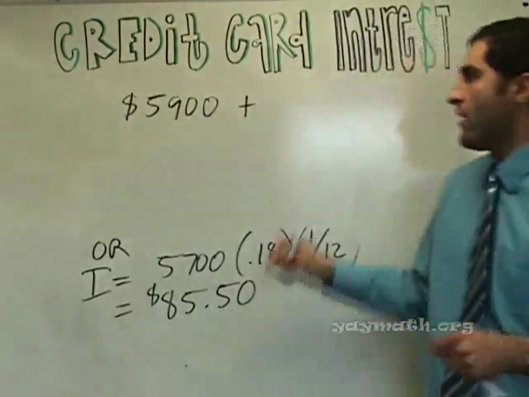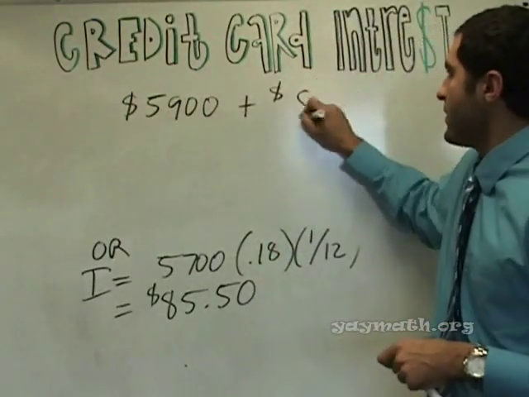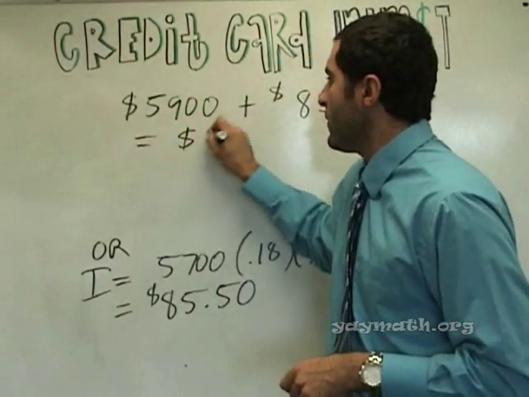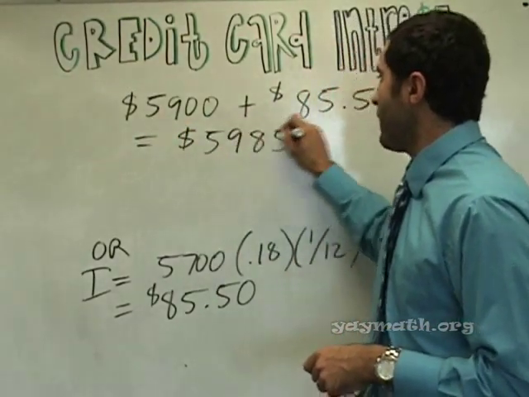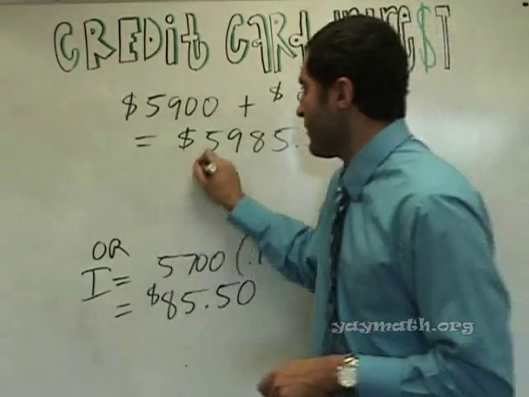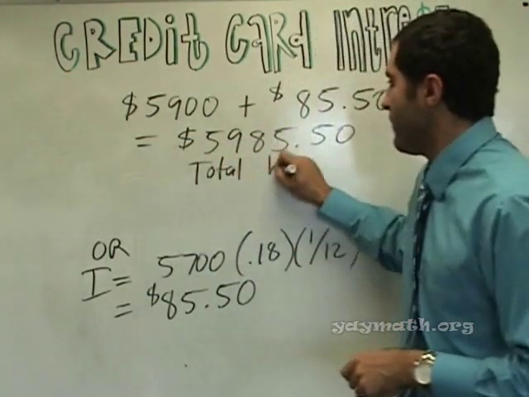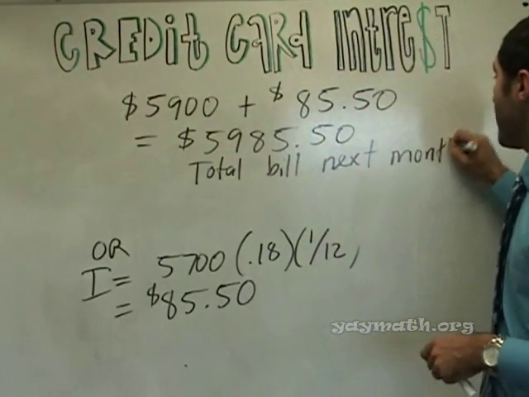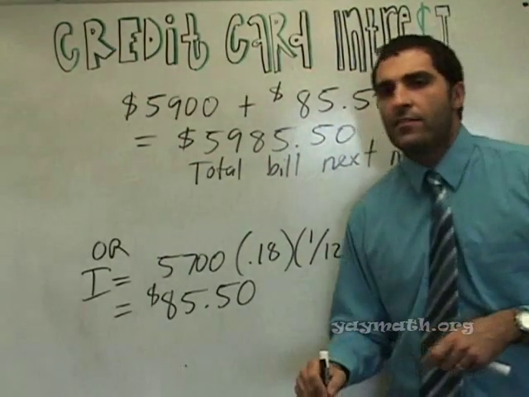We add the interest on top of that, which is 85.50. Total bill, 59.85.50. Wait, why is it 59? What did we owe on the last day of the month? Right on, good job.